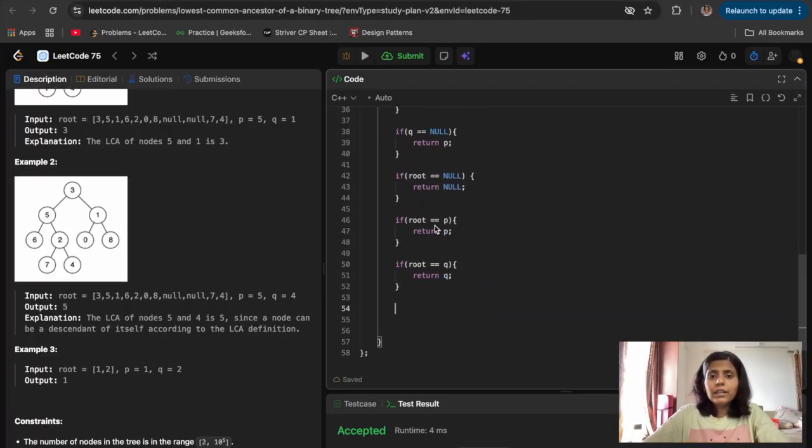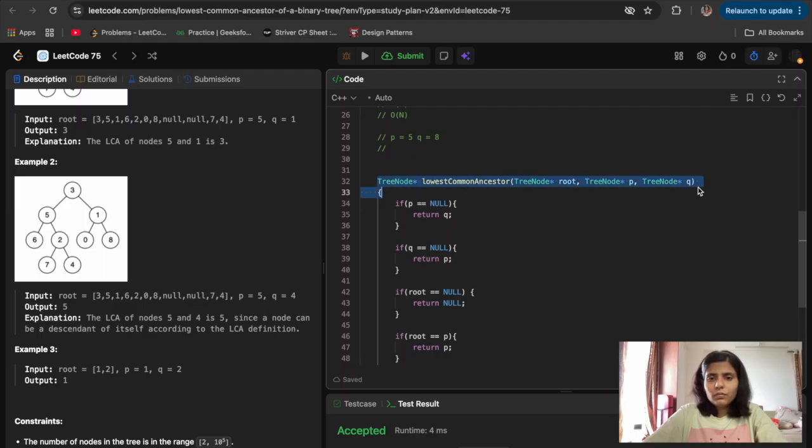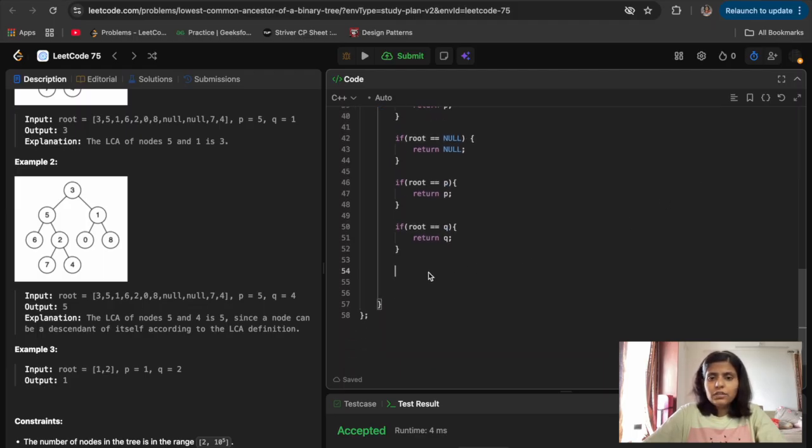Okay. Now we will do the same thing for the left side. I will say, my tree node, I'll take this tree node. My left find is equal to lowest common ancestor for root. I'll check the same thing for the left side, and the same thing for the right side.